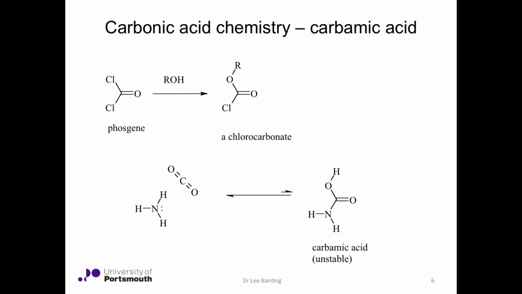So phosgene can be made to react with an alcohol to give a chlorocarbonate, which is a mixed ester acid chloride type system. And then a reaction with an amine, an aliphatic amine or aromatic amine, will give carbamate chemistry.